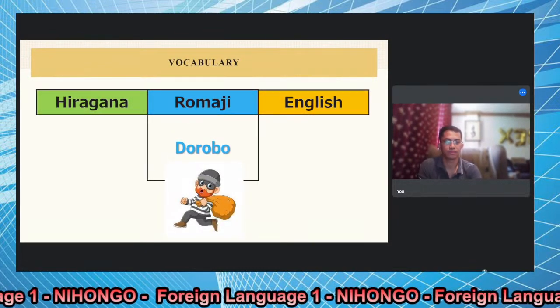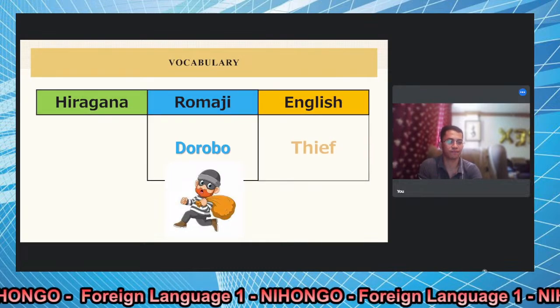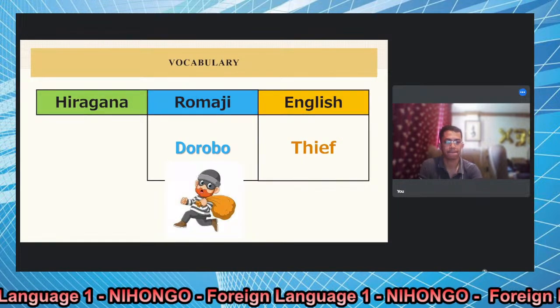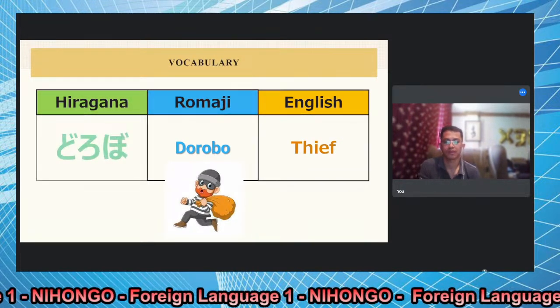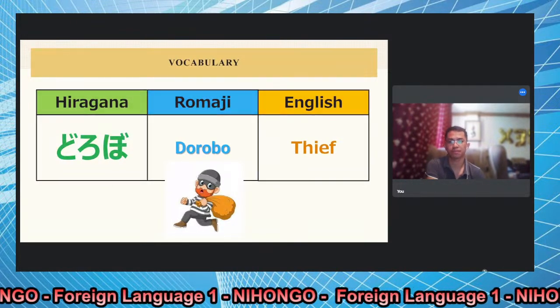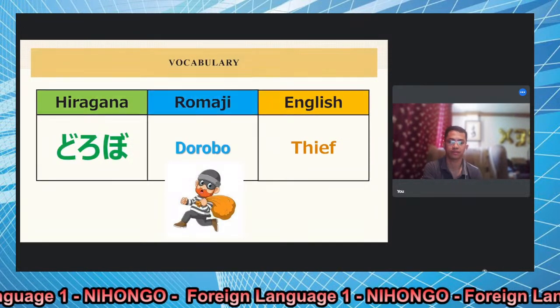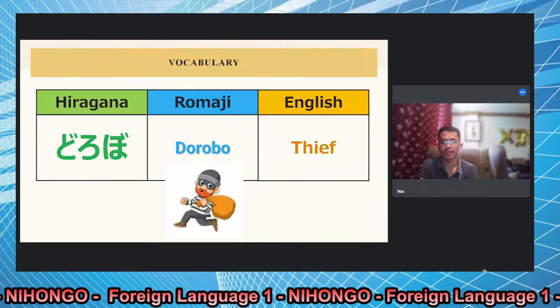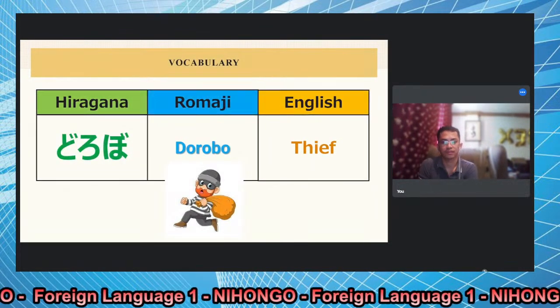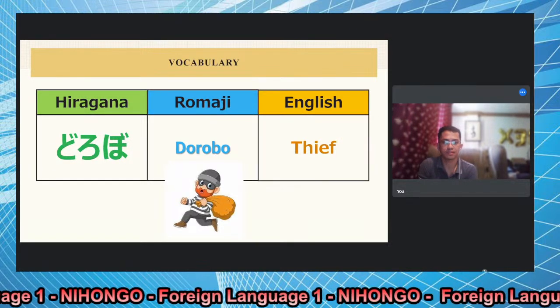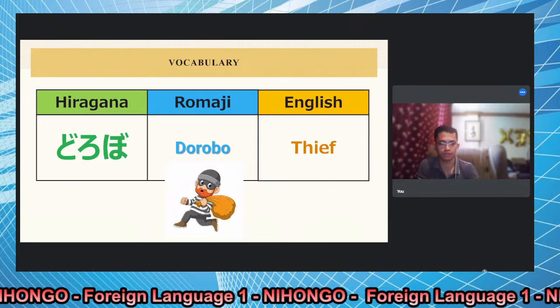Dorobo. Dorobo is thief in Japanese. So it is to plus tenten, ro, that is Hiragana ro, and then ho plus tenten, it is bo.